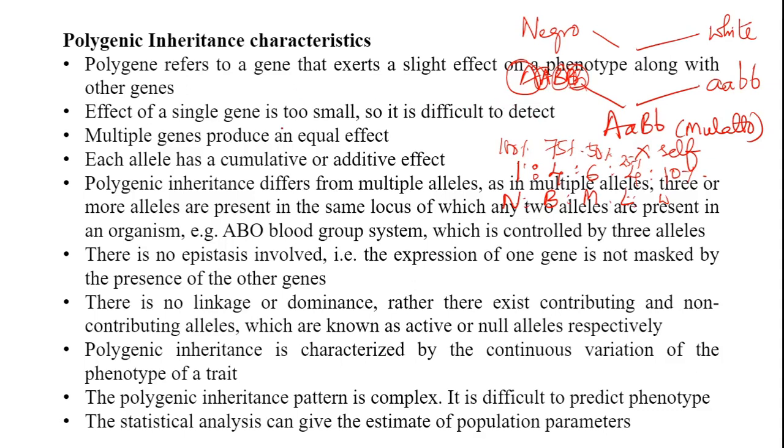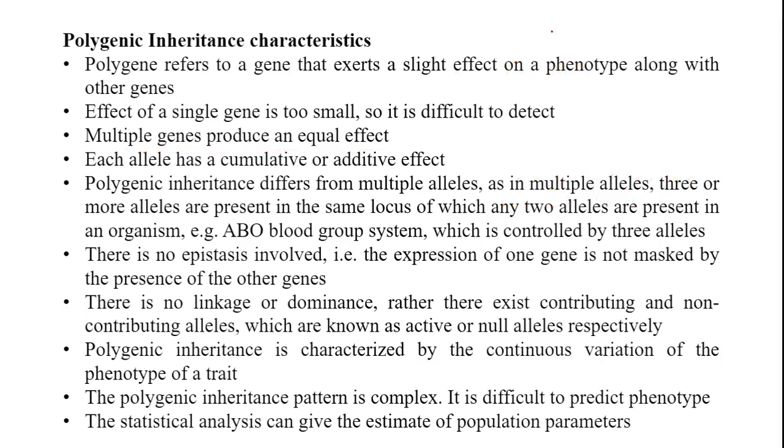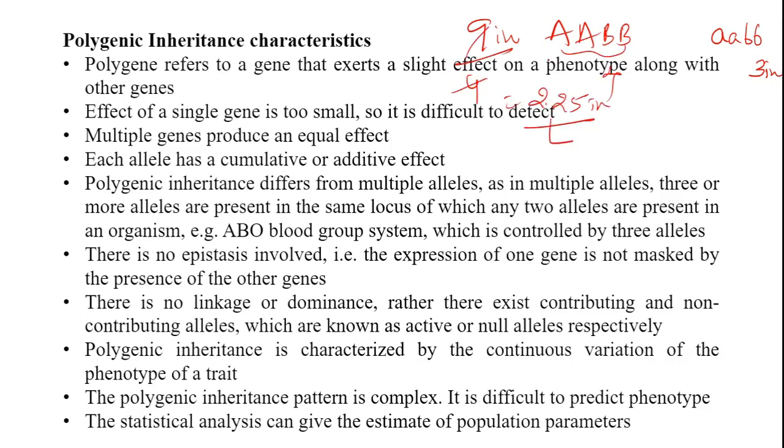So one of the traits is that multiple genes produce equal effect. Assume some plant has genotype AA, BB, and because of this genotype it produces 9 inches of cob length. And one more genotype, small a, small a, small b, small b, gives a cumulative effect of 3 inches. The number of genes involved is 4, and you divide by 4, and it will show 2.25 inches or so, which is the contribution from a single gene.